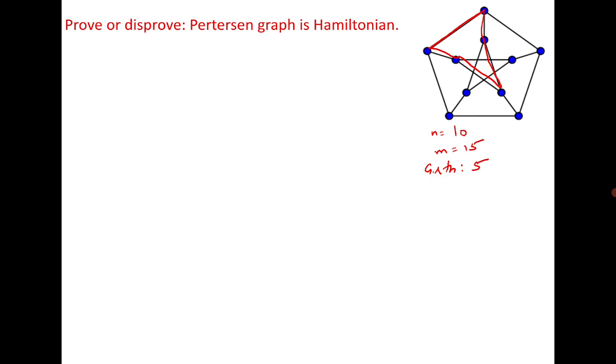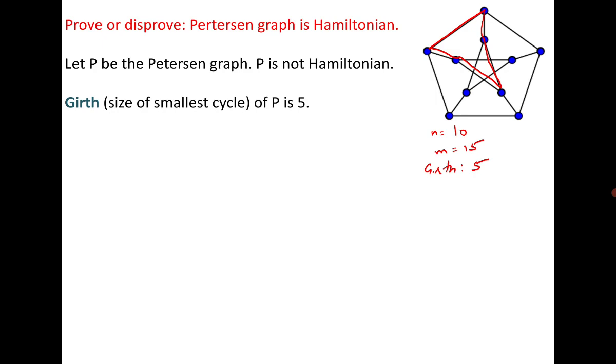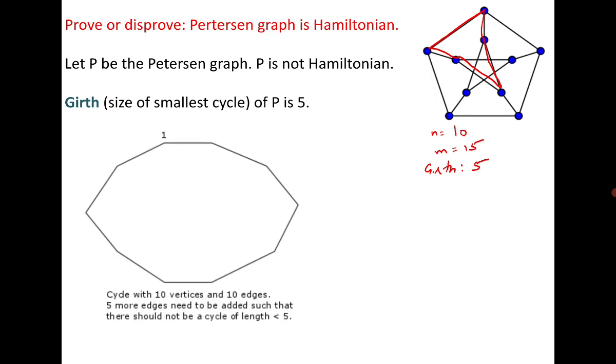Now we have to prove or disprove. We are going to disprove it, which means we will show it is not Hamiltonian. We will prove it by contradiction. So let's assume that it's Hamiltonian. It means that it must have a Hamiltonian cycle. Now a Hamiltonian cycle means it must have a cycle of length 10, which looks like this. Now 10 vertices are already involved in this Hamiltonian cycle, and it has 10 edges, but the Petersen graph has 15 edges.